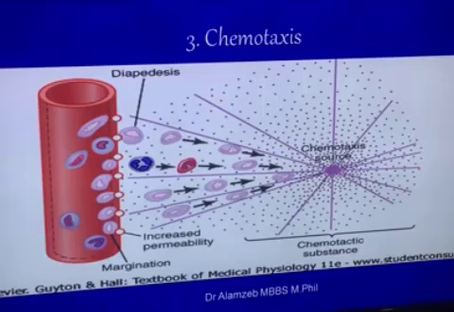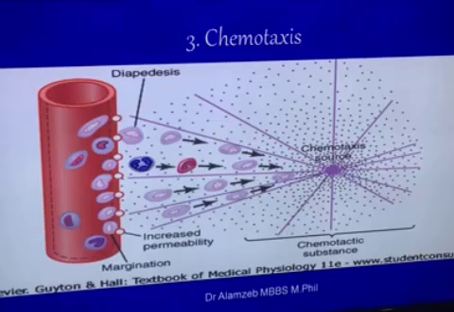So, chemotaxis. Many different chemical substances in the tissue cause WBCs to move towards the source of the chemical. This phenomenon is known as chemotaxis. When these WBCs come out of the blood vessels, they move towards the source of infection where chemicals are produced.